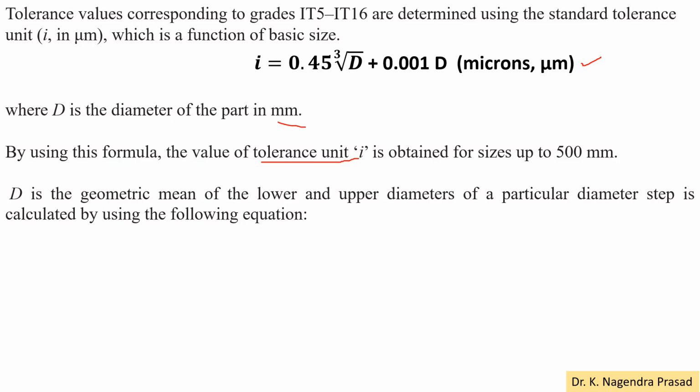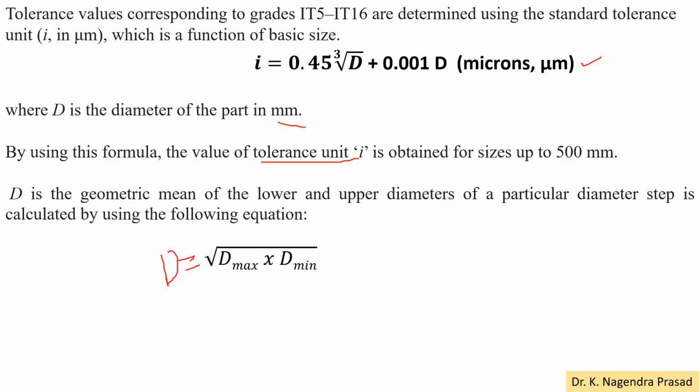And capital D is the geometric mean of the lower and upper diameters of a particular diameter step, calculated by using the following equation, that is capital D equals the square root of D max times D min. So here capital D is the diameter of the part, but we should not directly take the D value.